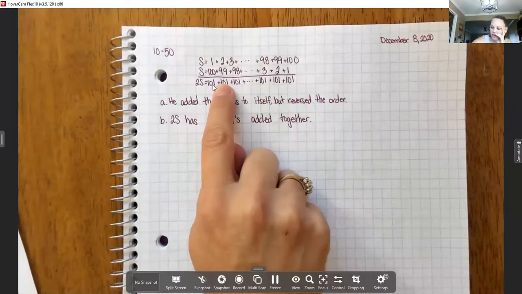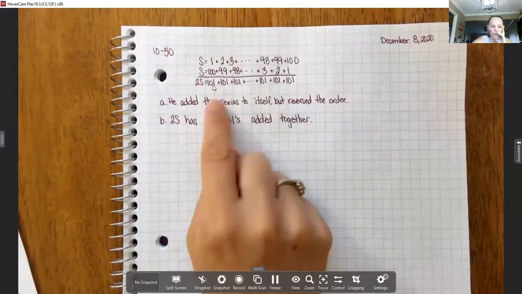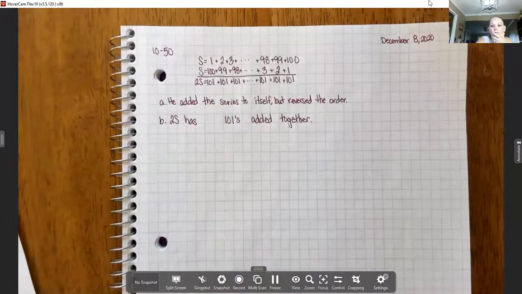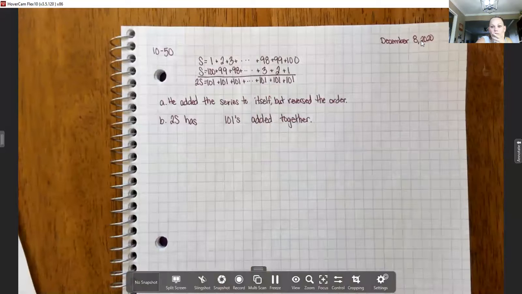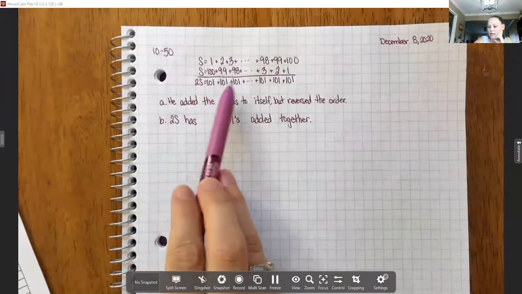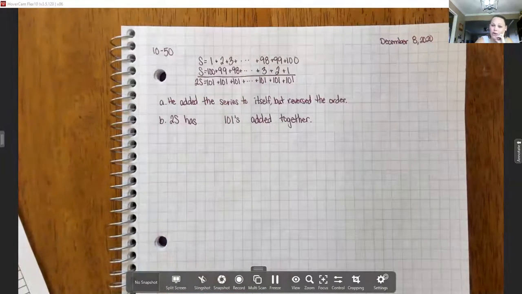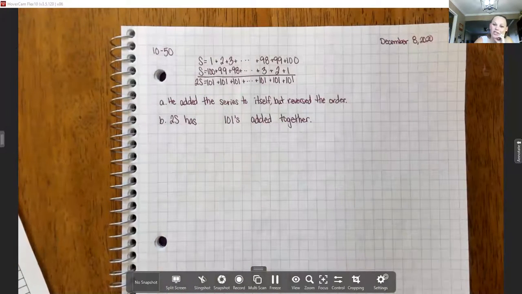How many of those 101s is he adding in this bottom row? All right, there's a few people in the chat. What do you guys think? I can wait. We don't have a lot to do today, so we have time to wait. Let me know what you think. How many 101s is he adding here? And if you're not sure, you can say that so I know that you're not just ignoring me.